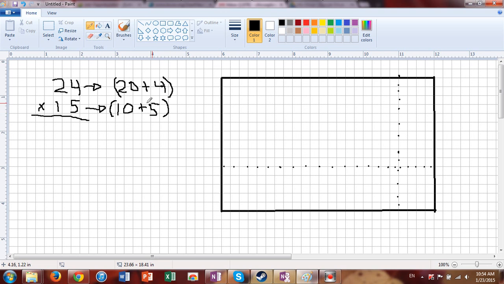Now what we are going to do is multiply the 20 times the 10, then the 20 times the 5, and then we've got to do the same thing with the 4, because really what we're saying is 24 times 15. So we multiply the 20 by the 10 and then the 5, and that leaves us to multiply the 4 times the 10, and then finally the 4 times the 5.